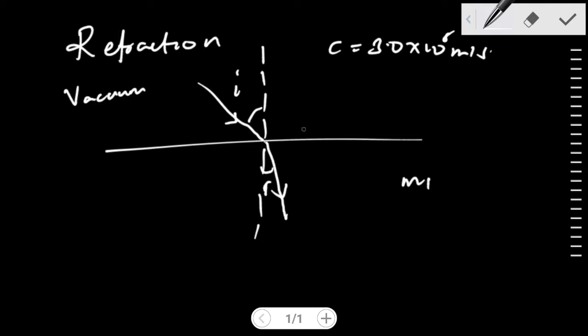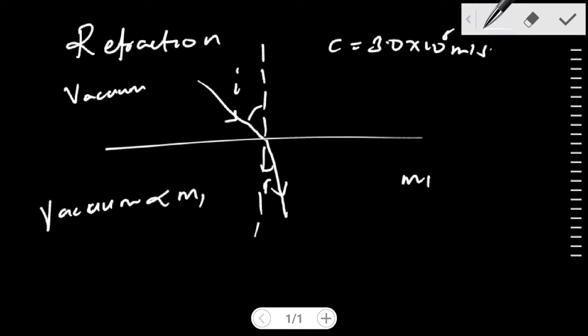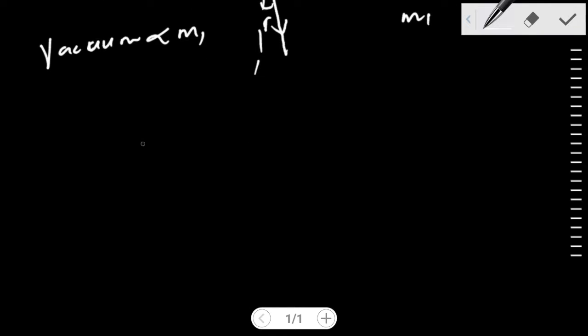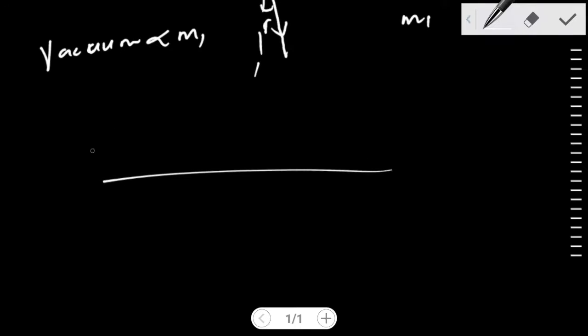Because of the difference in optical densities, the optical density of the vacuum is less than the optical density of the other medium. Therefore, if light is coming from an optically dense medium like M1, and a ray is incident, it will refract away from the normal.